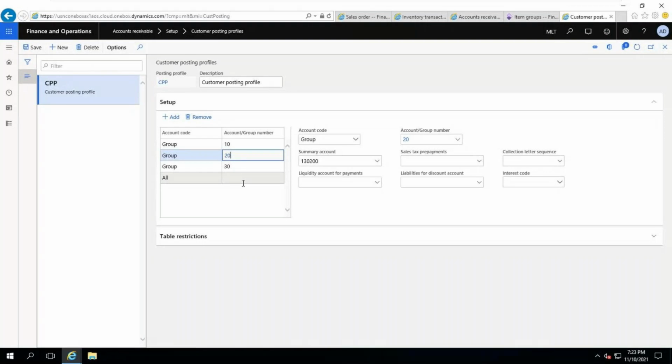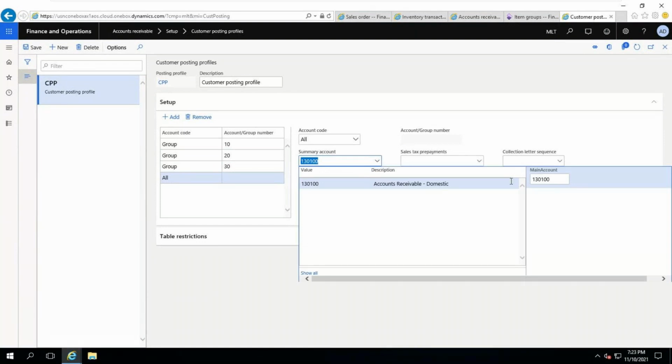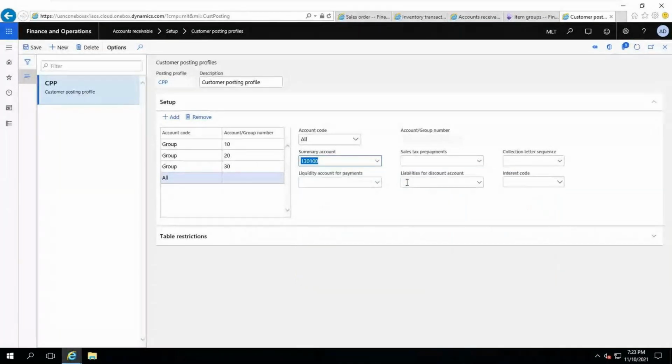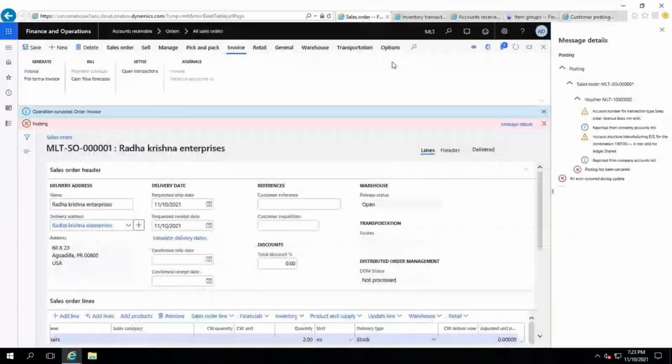Let me verify all. Give me a second. Let me verify what the error message is. It is 130100 is not valid.